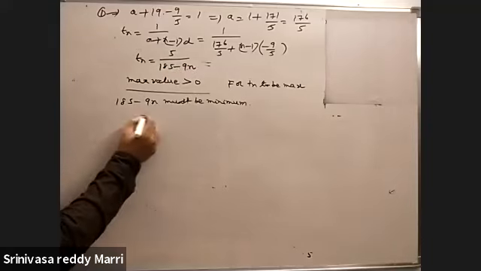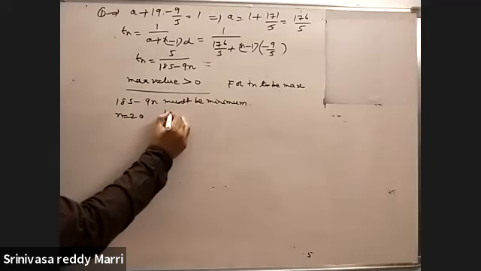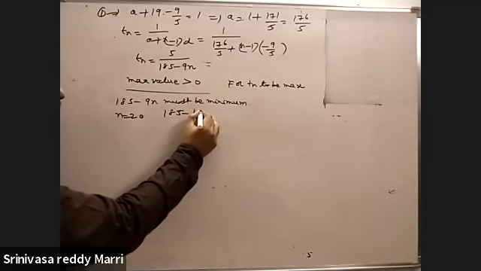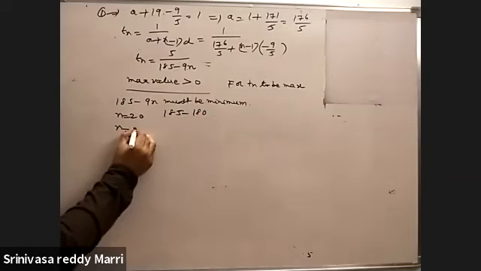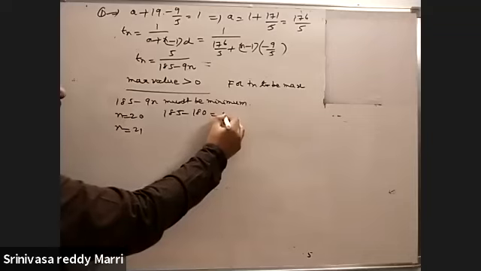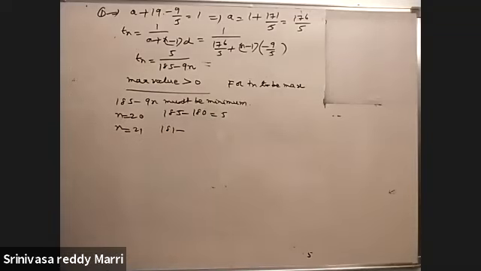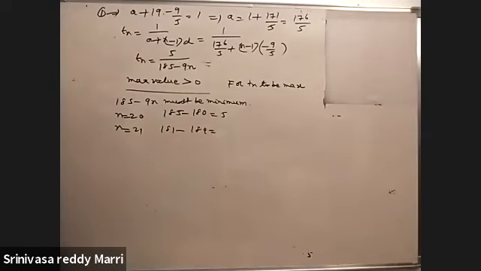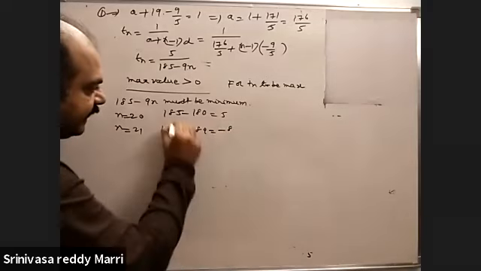Substitute n equal to 20, you will get 185 minus 180. If you substitute n equal to 21, you will get 189, which means minus 8. This will become negative.